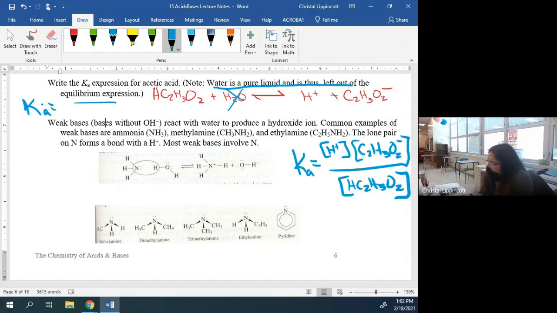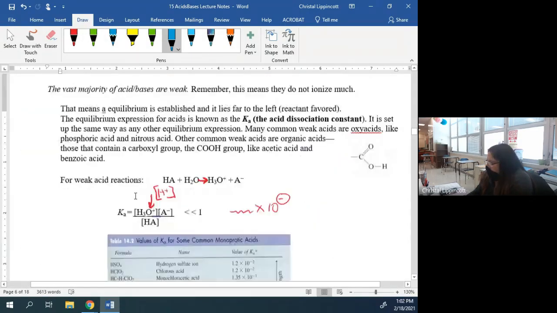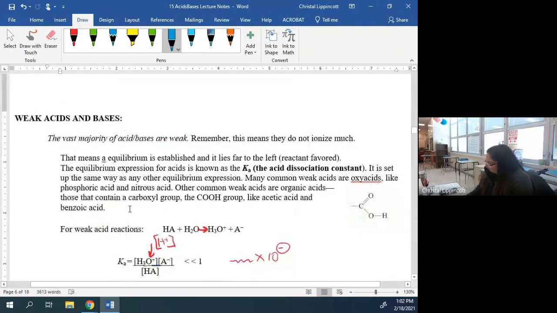Okay. Yeah. About yesterday's notes. So, I was just wondering, do strong acids and bases not establish an equilibrium if they only go one way? Right. Yeah. Because they are strong acids and bases, they're not going to establish an equilibrium. So there won't be, like here, where we would have it going this direction and then coming back going this direction.